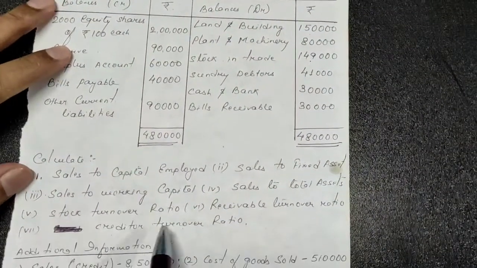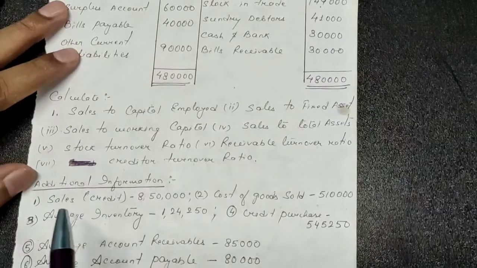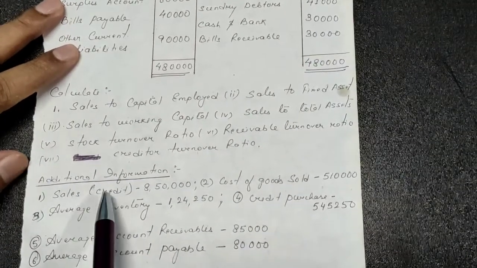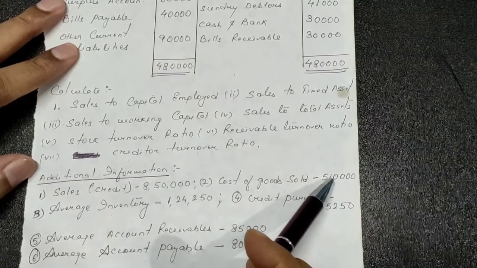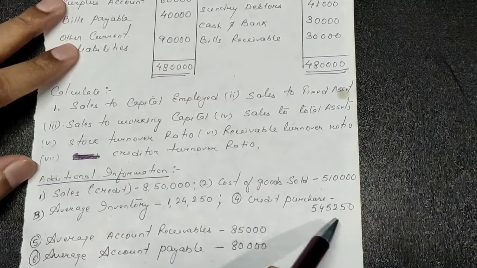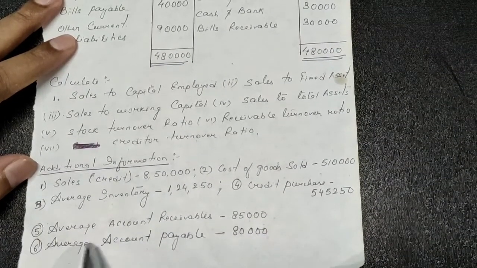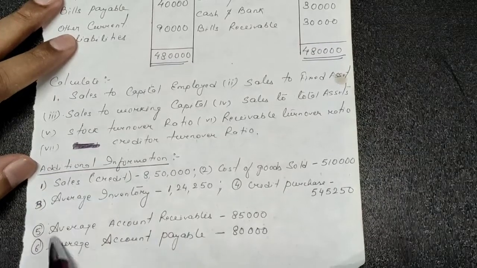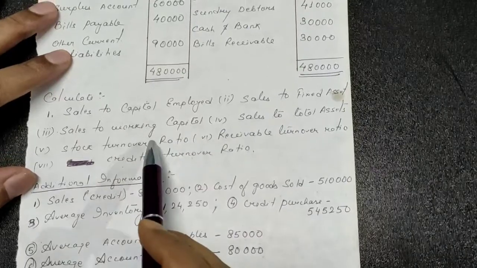Now these are the formulas which we'll be solving, but they have given some additional information here. You can see, first of all, sales credit means credit sale is given, cost of goods sold is given here 5,10,000, average inventory is given, credit purchase is given, average account receivable is given, as well as average account payable is given. These details are very important because these details will be used in solving this ratio.